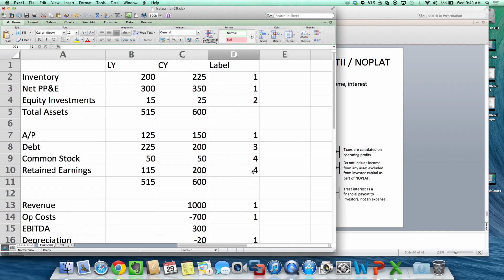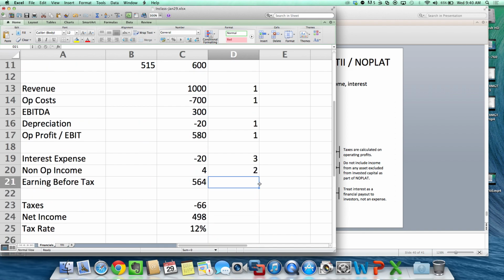It comes from the equity investments. The equity investments, which are non-operating, give us the non-operating income on the equity investments. Earnings before tax is a sum, so I really don't do sums because I've already accounted for the individual pieces. The one exception to that is the operating profit, just to make your lives easier.